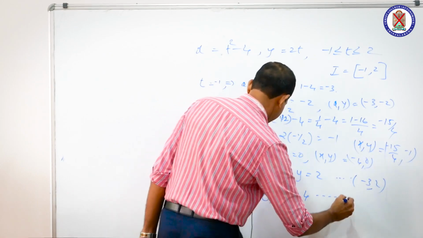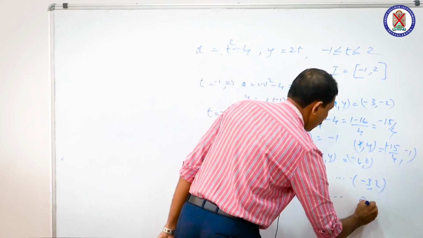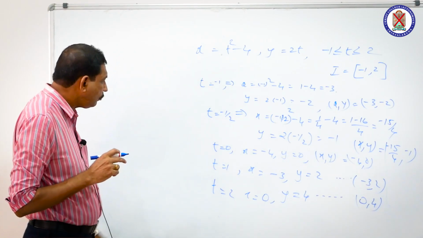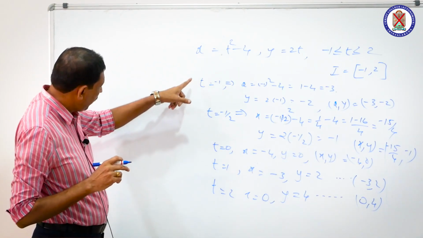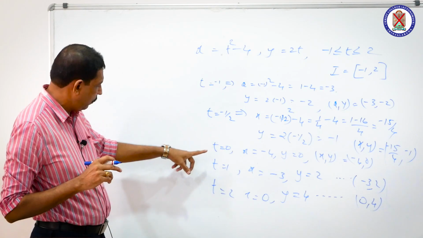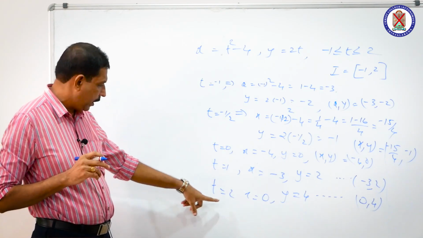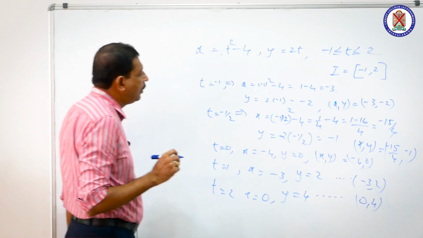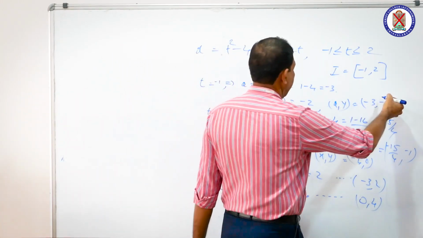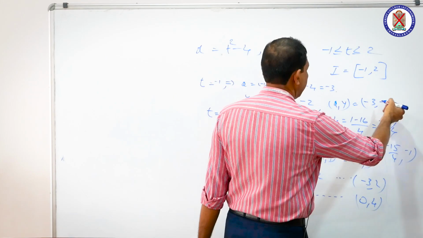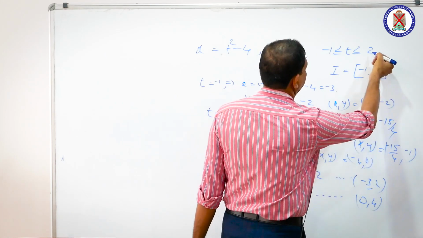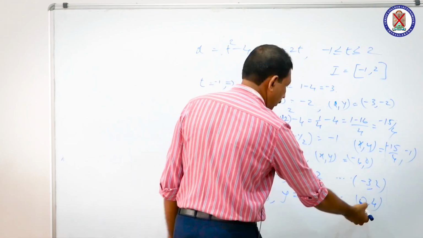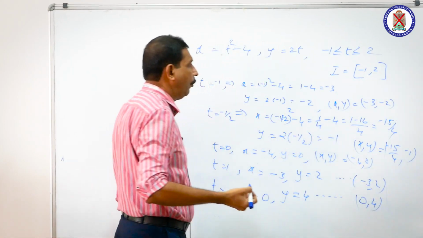The point becomes (0, 4). Thus we have 5 points: t equal to minus 1, t equal to minus 1 by 2, t equal to 0, t equal to 1, and t equal to 2. This is the initial point, that is (minus 3, minus 2), and the terminal point will be at t equal to 2, that is (0, 4).